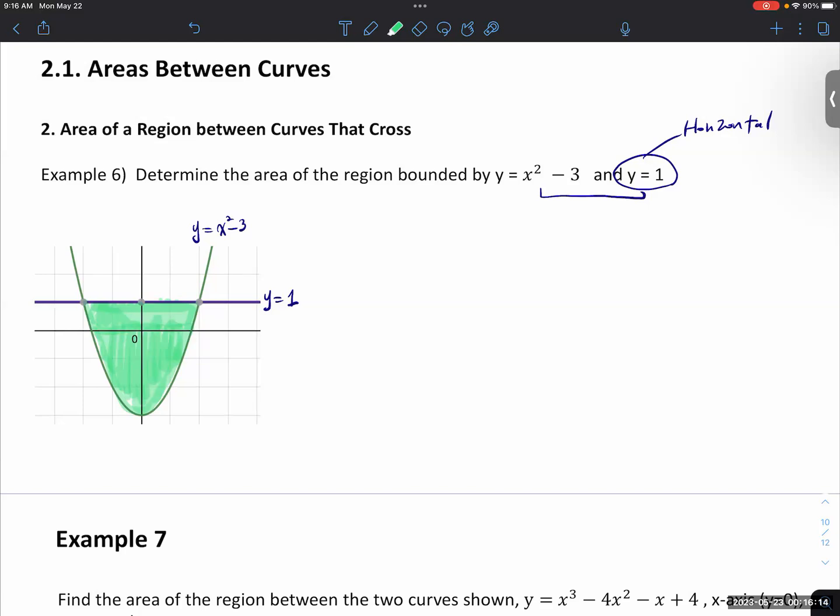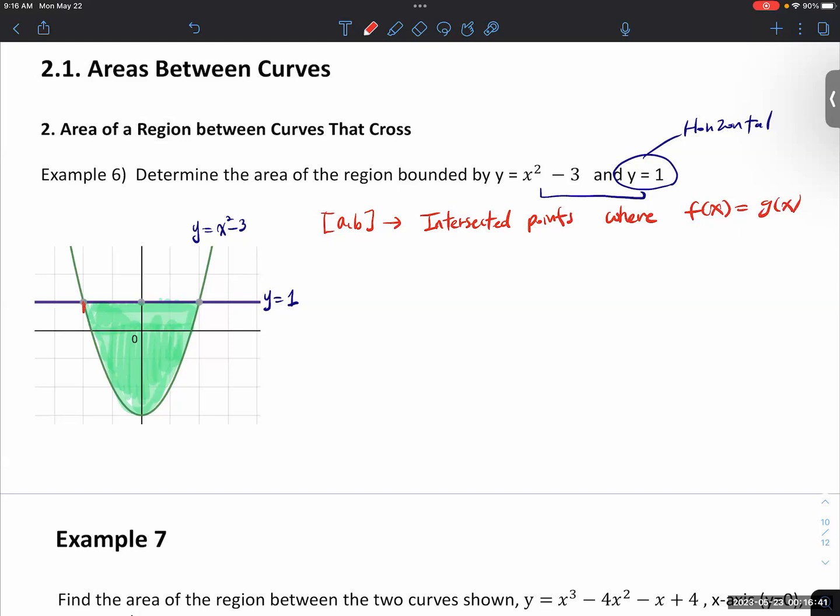Above the quadratic function and below y equal to 1, that's your between area. Am I correct? Okay, so that's all they gave us. Do I have the range? No, I don't know where A and B are. So to find A and B, you're going to find the intersection points. How to find them? f(x) equal to g(x).